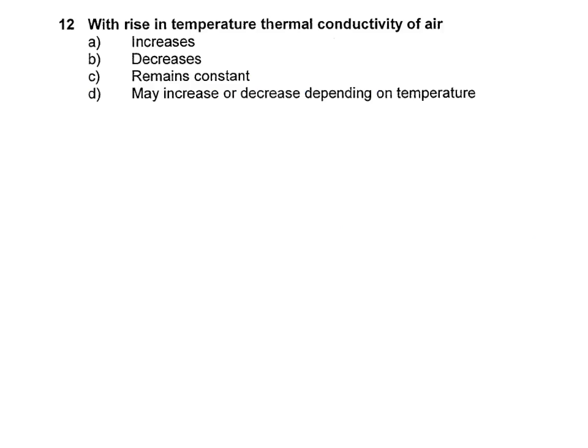Next, with rise in temperature, thermal conductivity of air, A increases, B decreases, C remains constant, D may increase or may decrease depending on temperature. For air, this is very important for GATE, IAS, ISRO, and for other public sector exams. If temperature increases, then K of air or thermal conductivity of air increases.